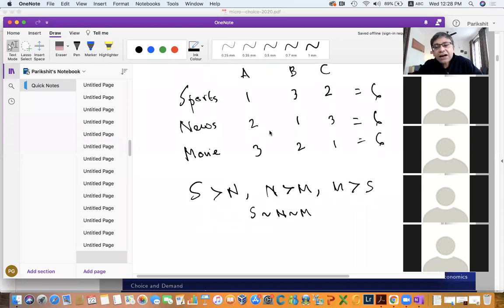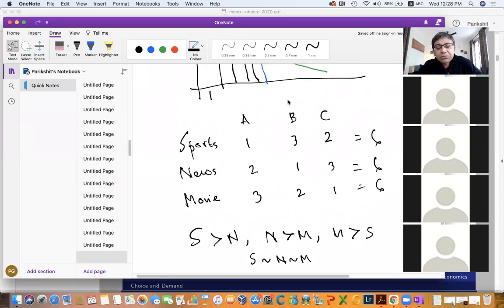Much later, Kenneth Arrow proved that the problem that we encounter in this example is much more general. So any aggregation rule you come up with, any formula you want to apply to aggregate individual preferences into a social preference runs into a problem in the sense that it violates some desirable property.